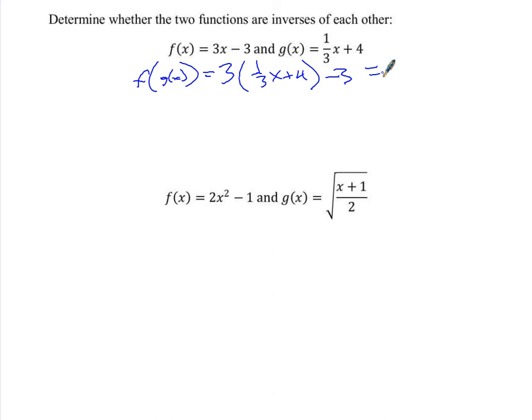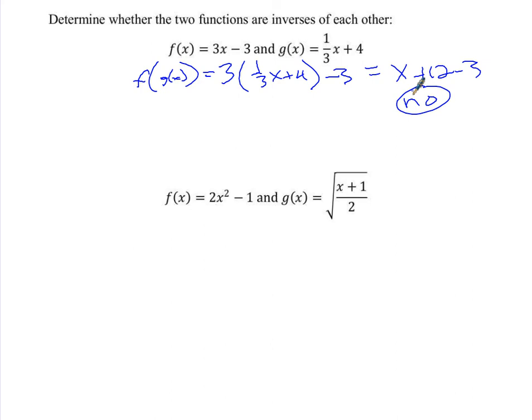Distribute. So the answer is no. They're not inverses of each other automatically. Don't have to check the other one.